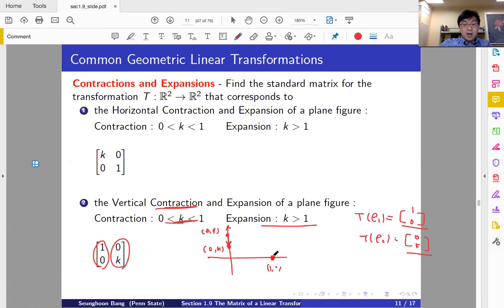Same. You expand vertically, (1, 0) doesn't move. Here (0, 1) expands, so this is (0, K). So that's it. This is vertical contraction and expansion. We have the same answer.